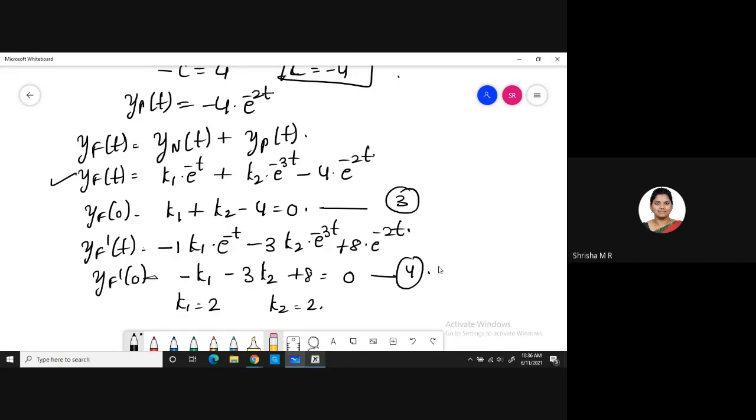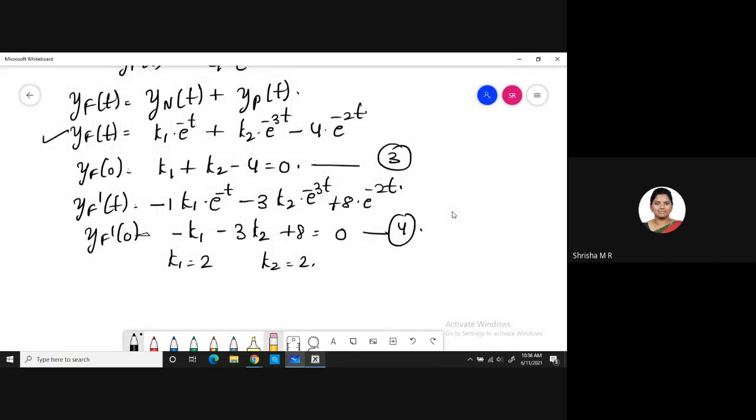So what is your forced response? Substitute that k1, k2 in this equation. So yf of t is equal to 2 into e power minus t plus 2 into e power minus 3t minus 4 into e power minus 2t. Got it, everyone? For t greater than or equal to 0, or you can write this equation and multiply with u of t.